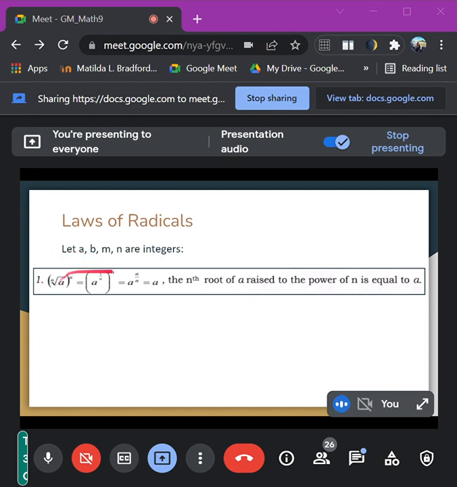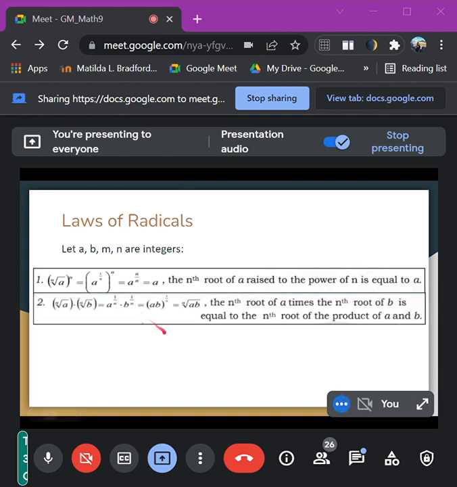So mura siyag makancel, and ang may bilin is a. Okay, that is the first law of radicals. Basta the same index, the same power. So ang mabilin niya is ang base na lang or ang atong gitawag nga radicand.